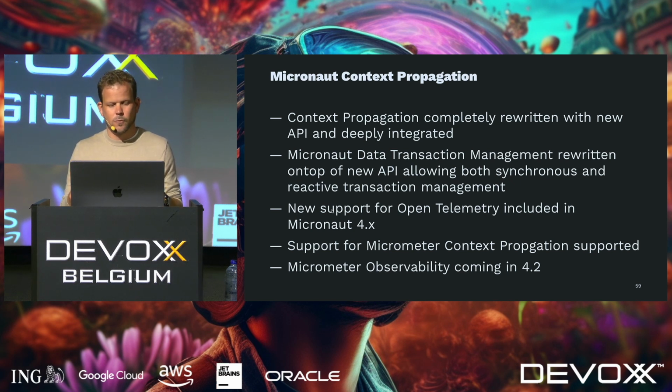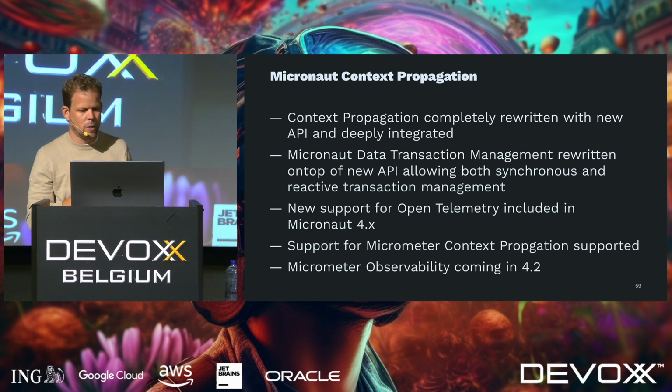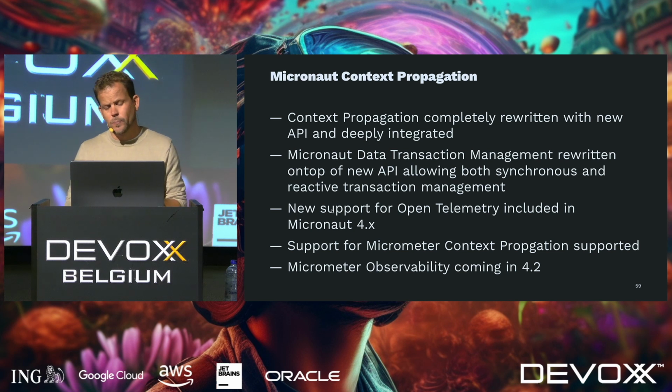Micronaut Data itself now supports different ways to do transaction management, because we have Micronaut Data R2DBC, Micronaut Data Hibernate Reactive, and Micronaut Data MongoDB reactive. So we needed a way to do context propagation for Micronaut Data to propagate the transaction management such that you can commit and roll back transactions.